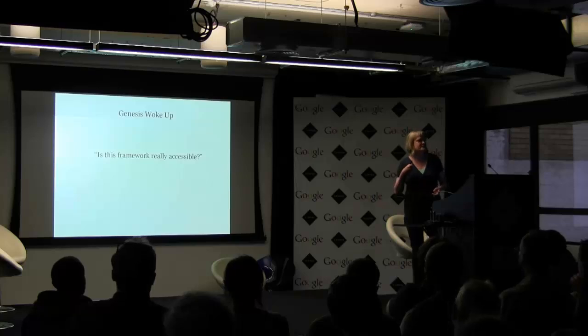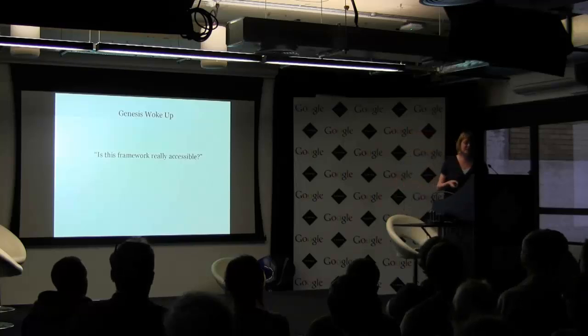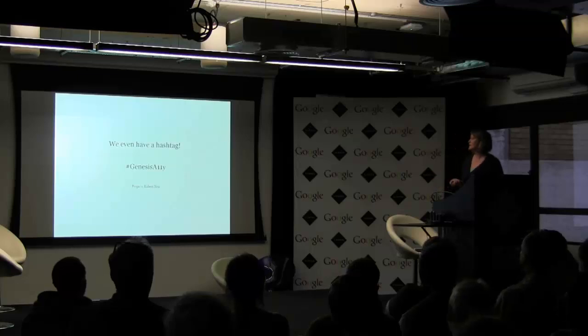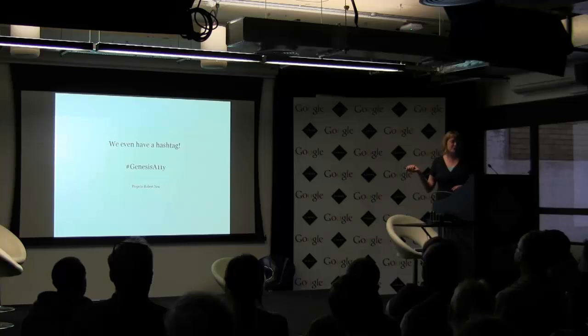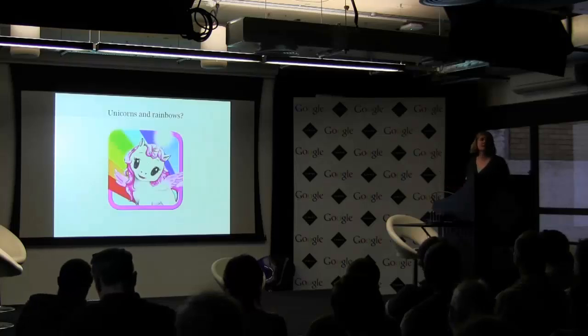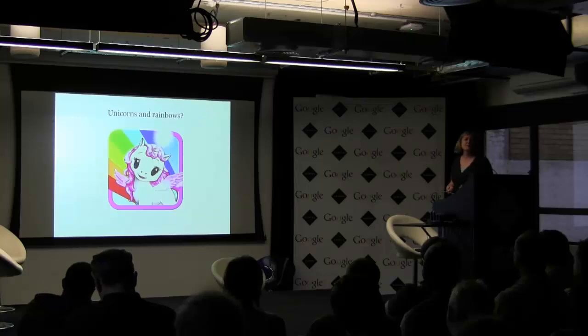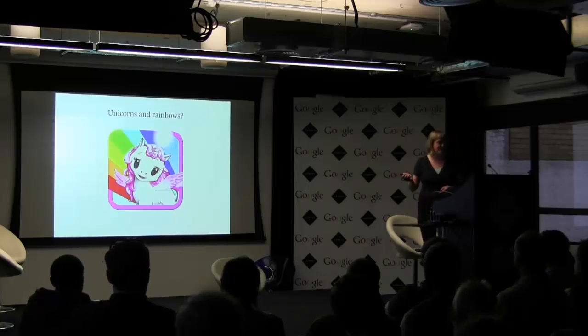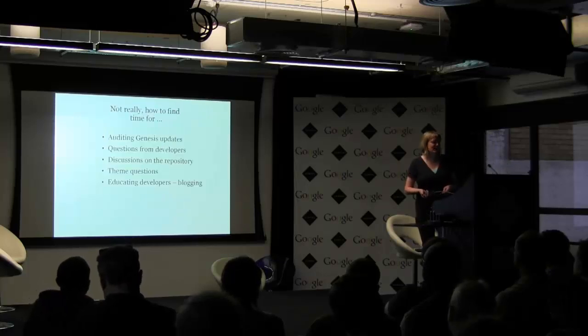More Genesis developers ask me, is this theme, or framework, really accessible? We even have a hashtag at the moment. Robert Neu made a hashtag, Genesis accessible. There's really debate among the Genesis developers about accessibility. So, unicorns and rainbows? Not really.